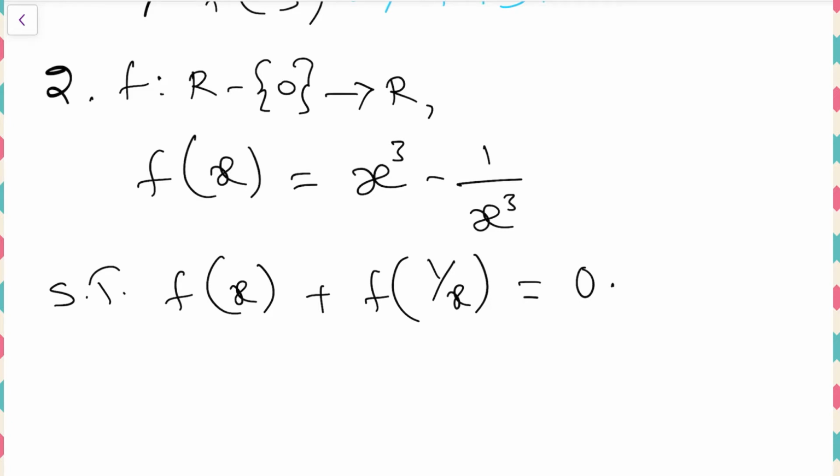So f is a function from R minus 0 to R, defined as x cube minus 1 by x cube. Then he is asking to show that f of x plus f of 1 by x is equal to 0.